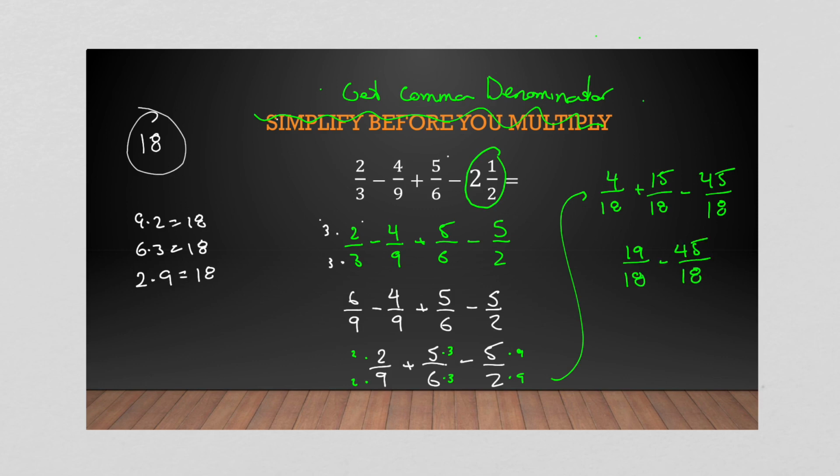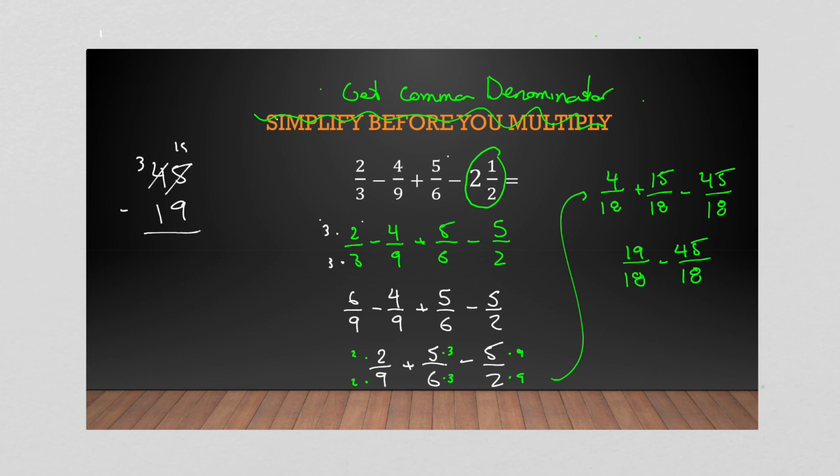Now here we are again, back to our integers question, right? How do we add and subtract these things? Remember that when you are subtracting a bigger number from a smaller number, and by that I mean the 45 from the 19, the difference between those two numbers will be the same as if you subtract 19 from 45. The difference between them is the same. The only difference is, is my answer positive or negative? So I need to borrow. 15 minus 9 is 6. 3 minus 1 is 2. 26.